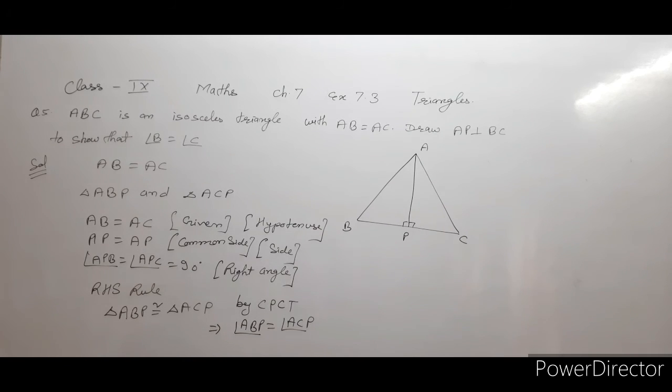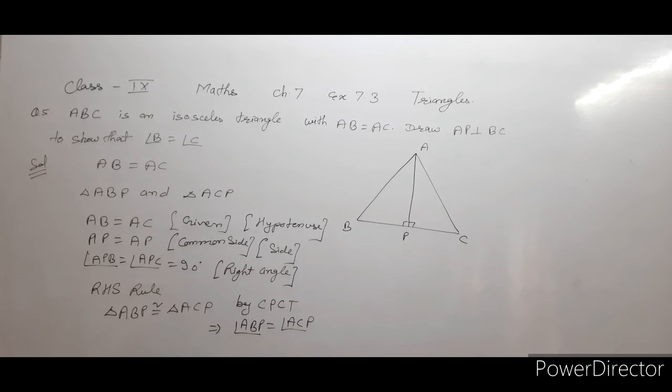In this way, we completed our exercise number 7.3 related to congruency of triangles. We studied these 3 exercises. The first exercise is related to SAS property and AAS property. The second is based on isosceles triangles and their properties, like in a triangle, if two sides are equal, then that is called an isosceles triangle, and opposite angles of equal sides are also equal.